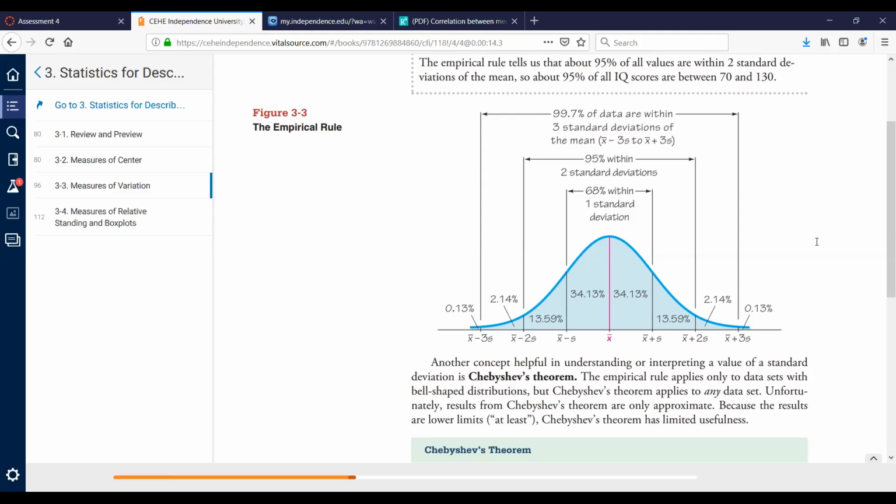The answer is 95%. So those falling outside that, more than 2 standard deviations away from the mean, would be considered unlikely results. That's where the issue of likely versus unlikely comes in.